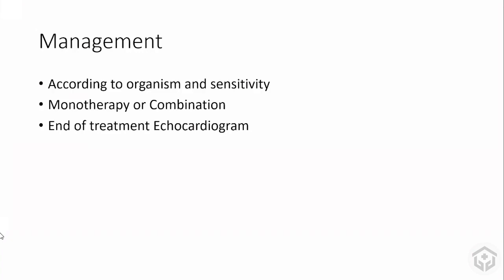So when we start treatment, the definitive diagnosis, the definitive organism causing this infection, is very important. But in some instances we get culture negative results, known as culture negative infective endocarditis. In that situation, what are we going to do?